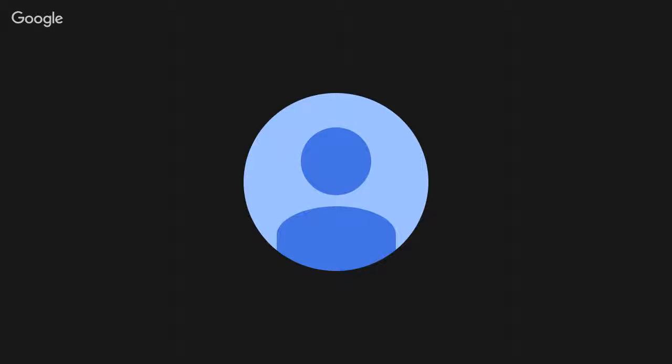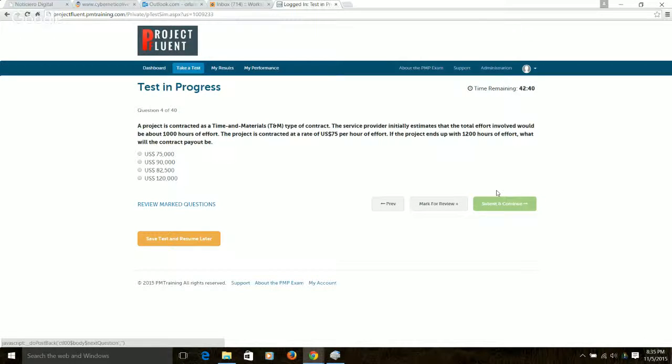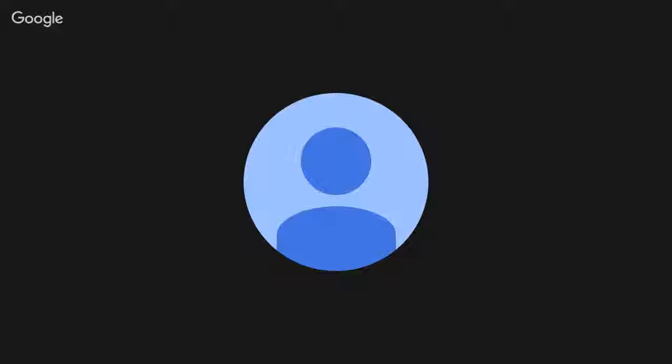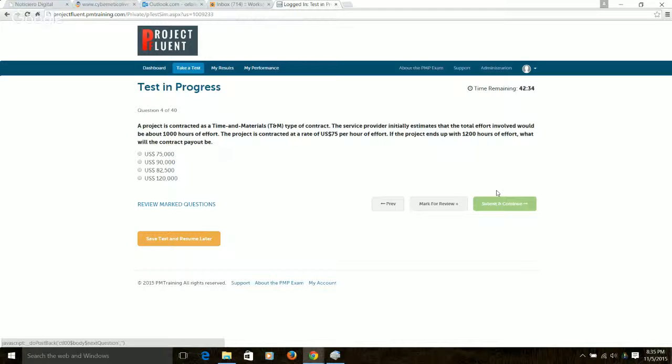So the first piece of information is that your total effort is going to be 1,000 hours. The project is contracted at a rate of $75 per hour of effort. So if the project ends up with 1,200 hours of effort, what will the contract payout be?